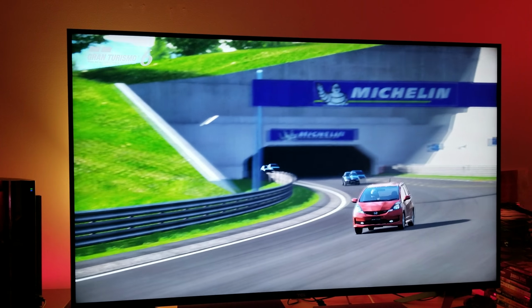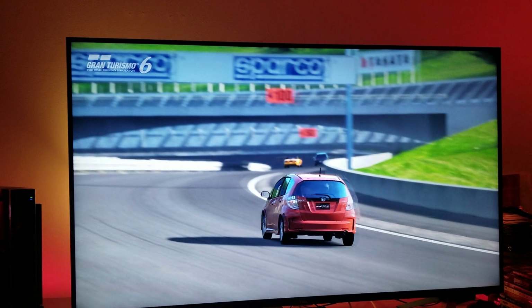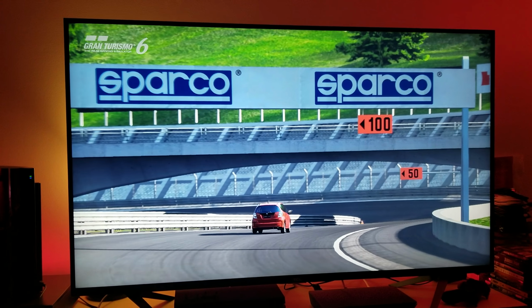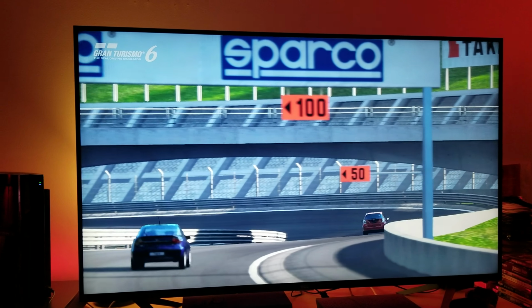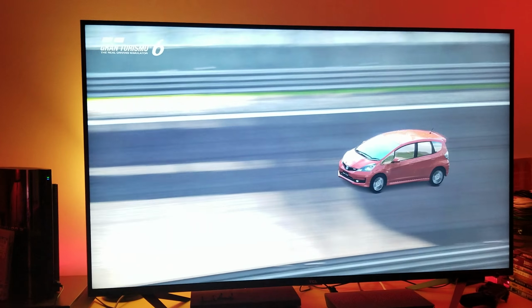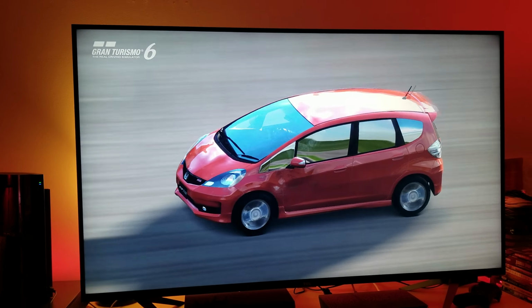Now, you guys probably would like to know, well, what type of picture settings am I using for Gran Turismo 6 PlayStation 3 game? Well, I'm going to show it to you in a minute.